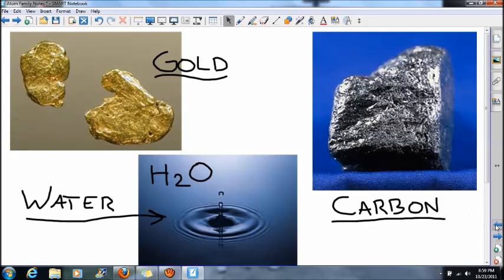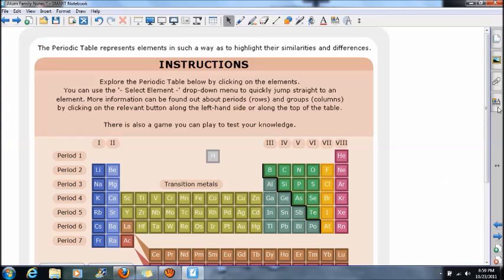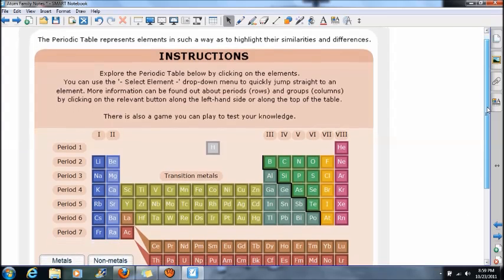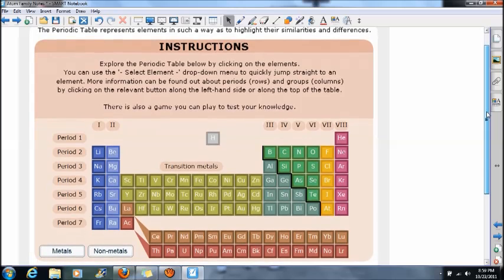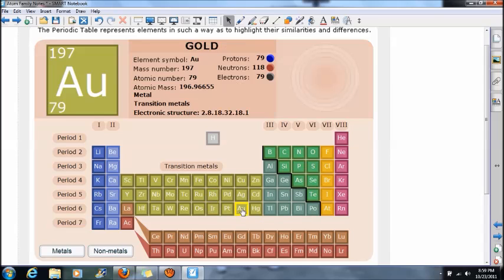Scientists have arranged them into this right here. It's called the periodic table. We'll also be learning about this later in the week. So we can find those elements I just talked about. The first element I was talking about was gold, and we look on here, and here's gold. AU is the symbol for gold, and it kind of tells us some stuff about gold that we'll learn later on, not today.